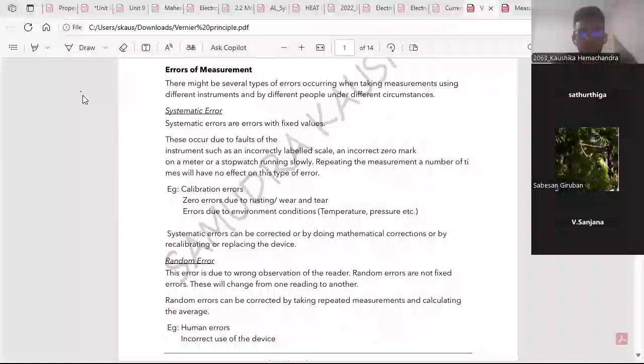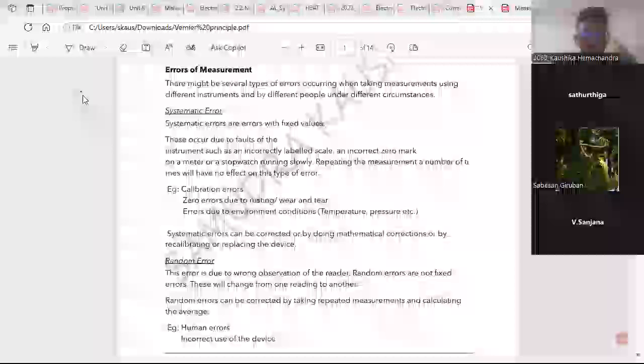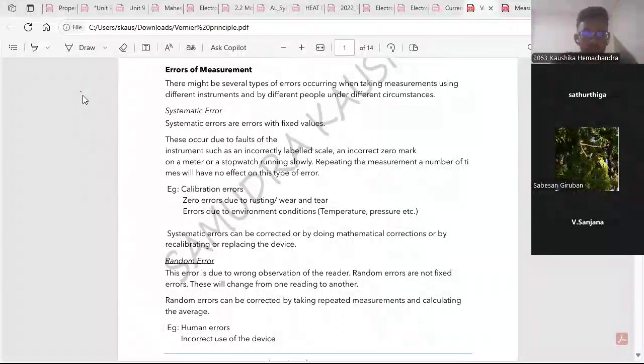Before going into measuring something, we have to know that measurements might not always be accurate. When we measure something, there are different types of errors that can occur, which will reduce the accuracy of our measurement.